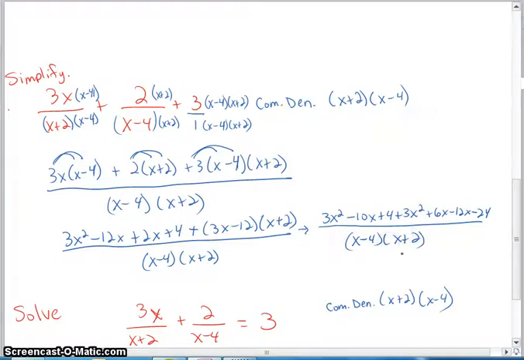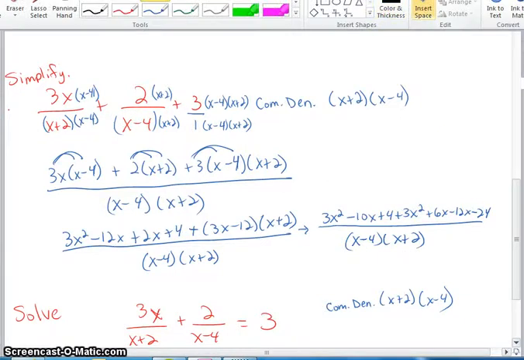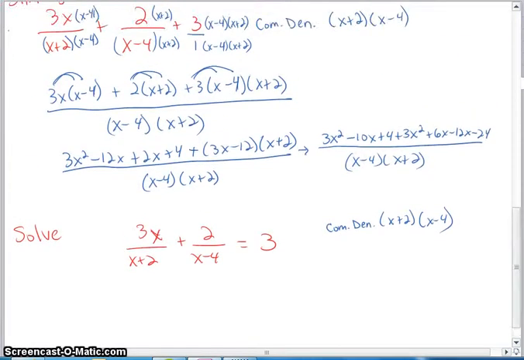I'm not multiplying the denominator because I know at the end of this I'm going to try to reduce. So I'm going to try to cancel one of those factors. So I'm leaving the denominator for that reason.